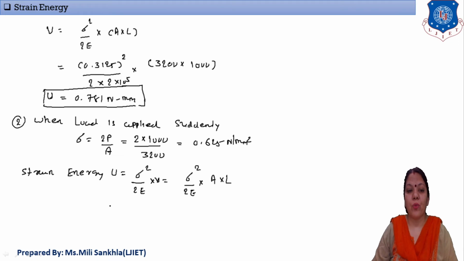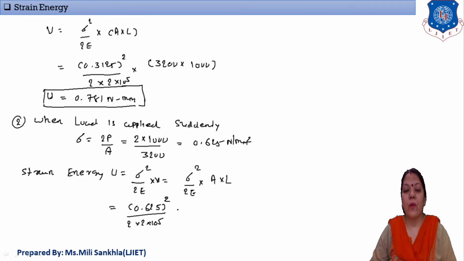Now one by one put the values here: 0.625 square divided by 2 into 2 into 10 raised to 5, area is given 3200 and length is given 1000.